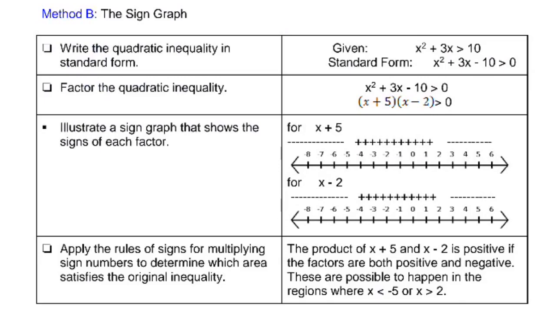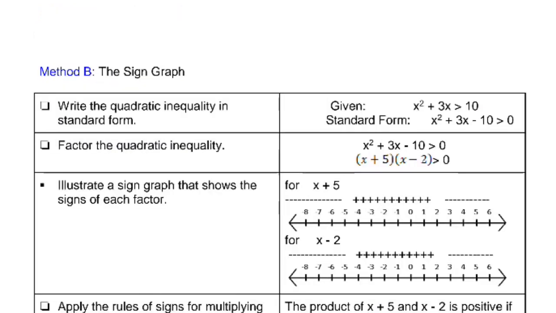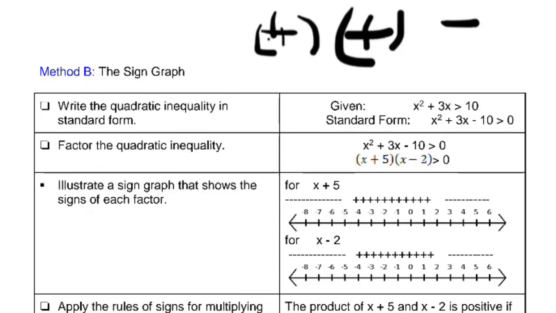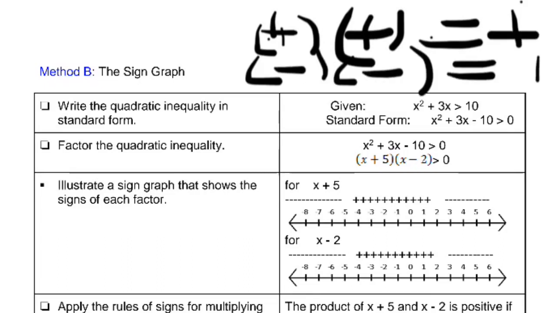Now, since this one is greater than 0, if we're going to apply multiplication of integers, positive times positive is equal to positive, and also negative times negative equals positive. Meaning, if we multiply like signs, the answer will be positive.